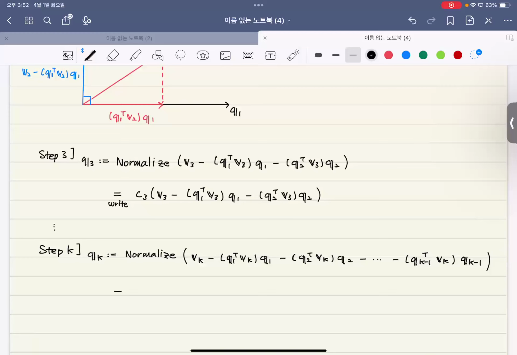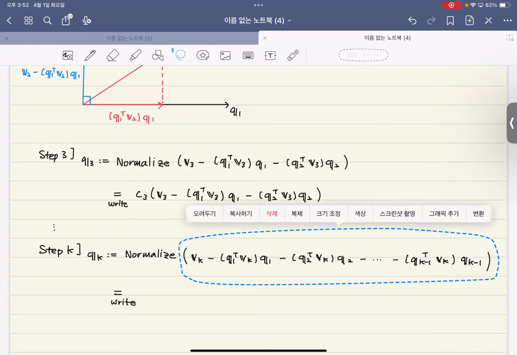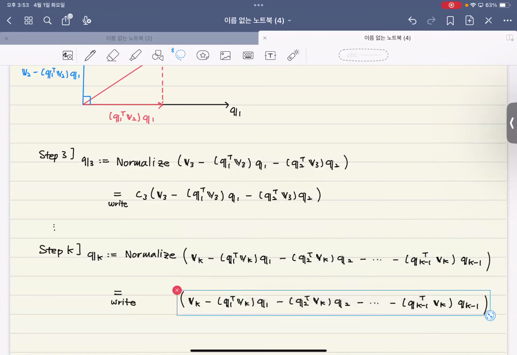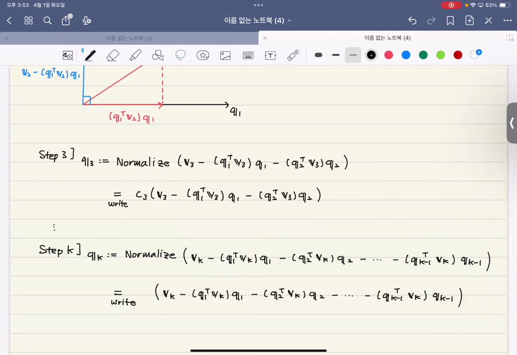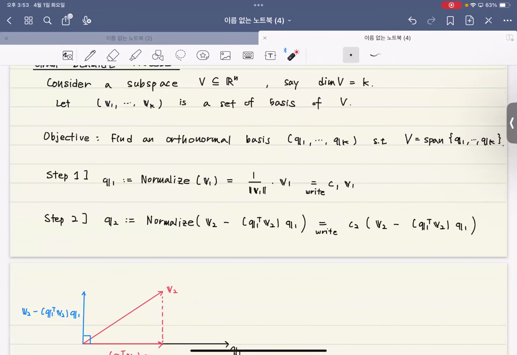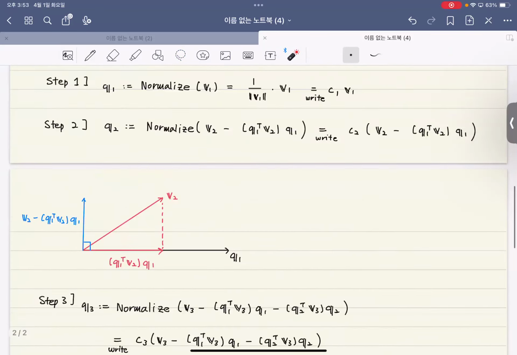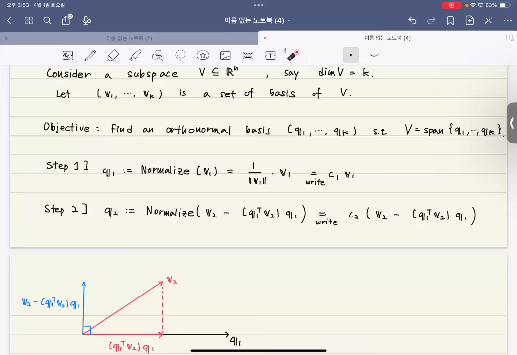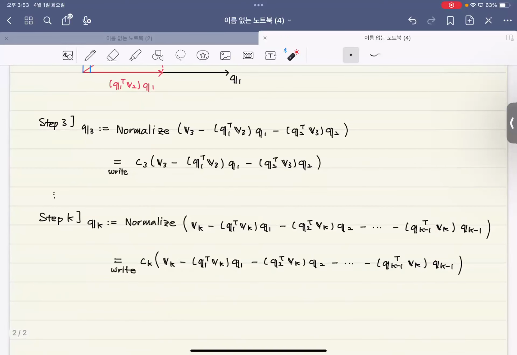And again, I want to call it Ck times everything. Okay. I have K relations relating Q1 to Qk and V1 to Vk.